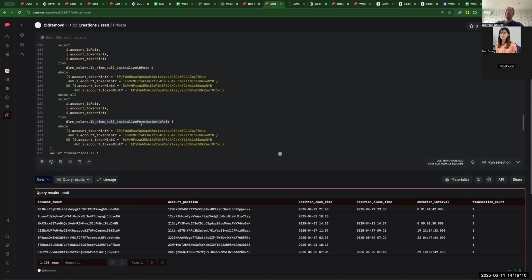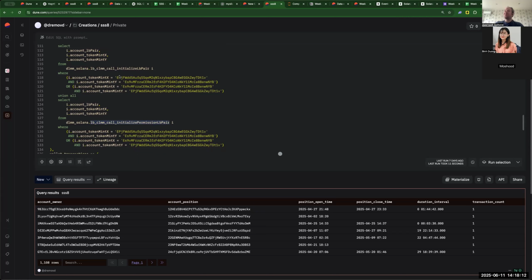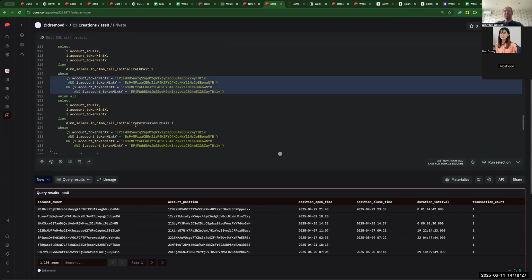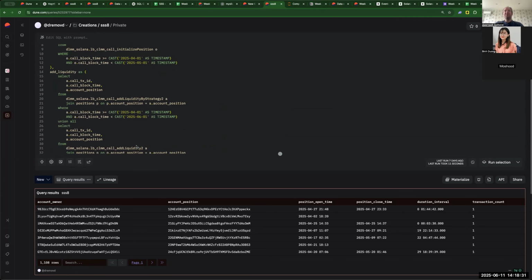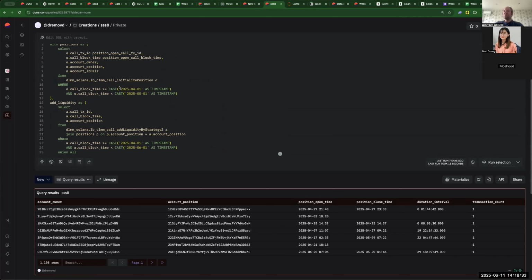I can't say that I fully understand them. I just tried to find all that could result in a liquidity pool. And here we filter only USDT and USDC with these two conditions. And after this, open positions.